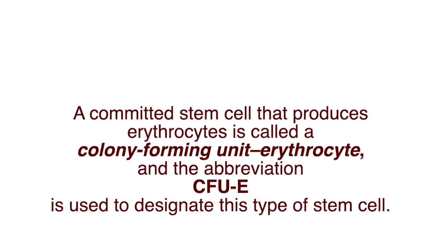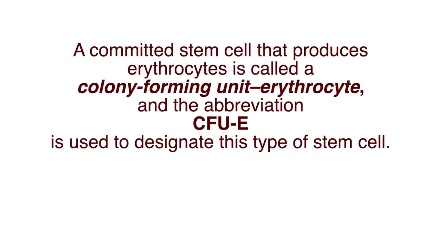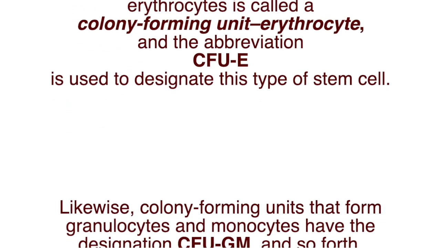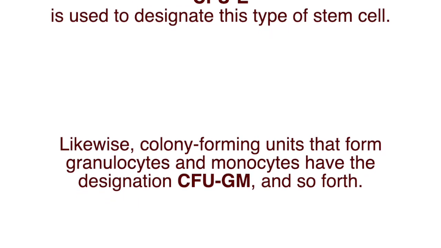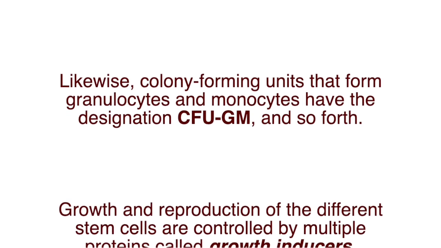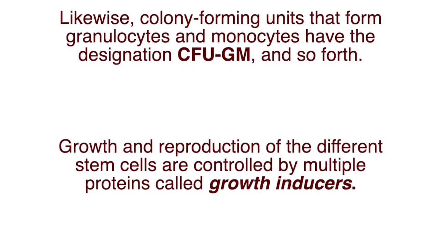A committed stem cell that produces erythrocytes is called a colony forming unit, erythrocyte, and the abbreviation CFUE is used to designate this type of stem cell. Likewise, colony forming units that form granulocytes and monocytes have the designation CFUGM and so forth.